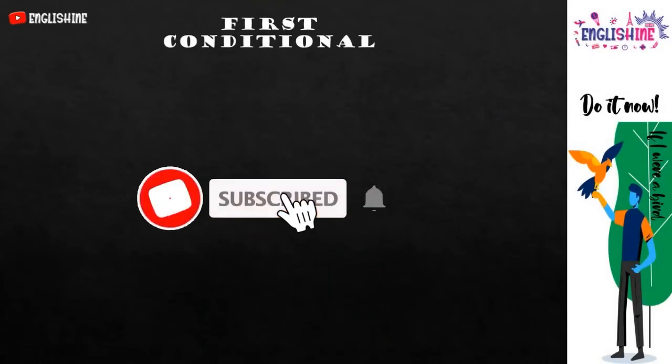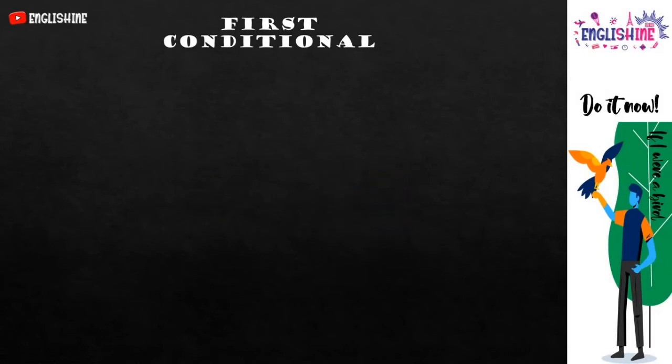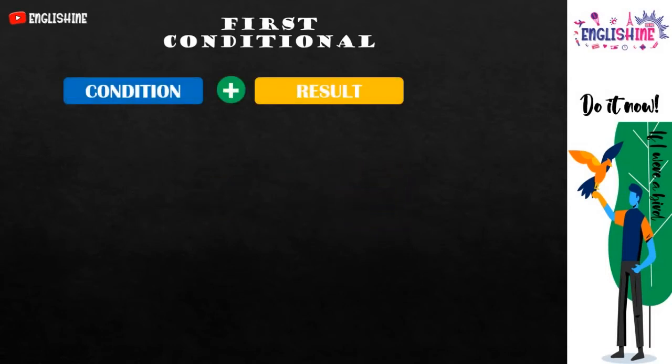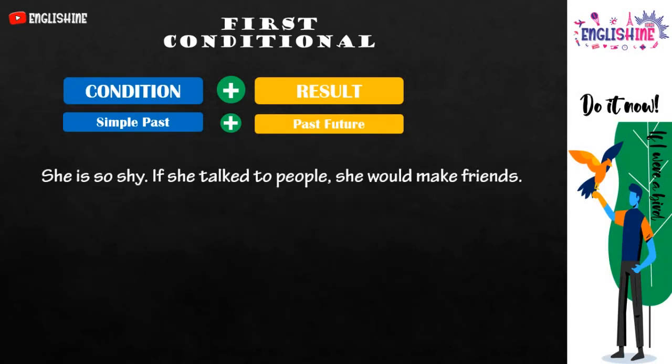Let's look at some other example sentences in the second conditional. We can see the condition and the result. The grammar is using simple past plus past future tense. She is so shy.